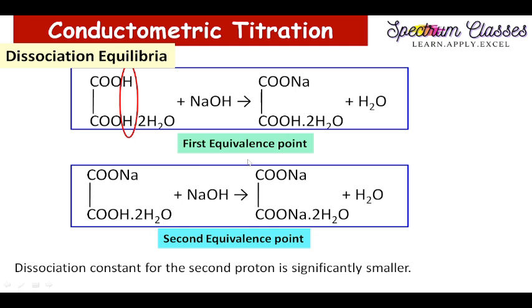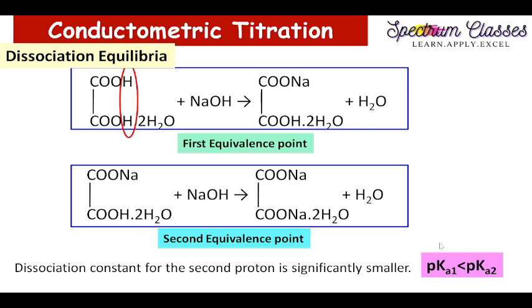Now we are going to discuss the first and second equivalence points. Here the dissociation of the second proton is significantly smaller than the first one. Therefore, the equivalence point for the second proton can be written like this, that is pKa1 is less than pKa2.